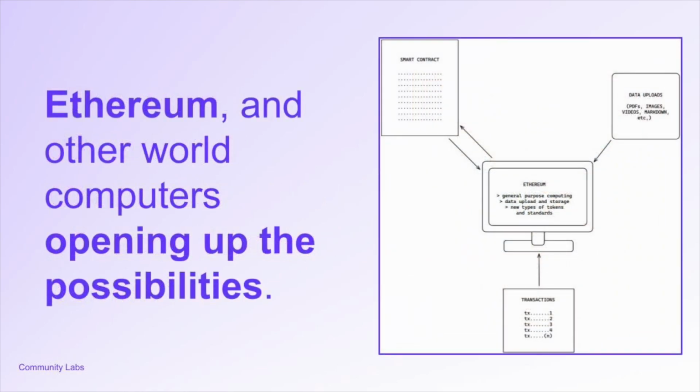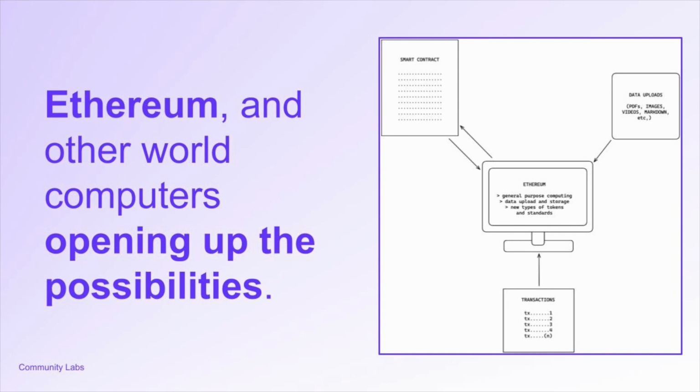Then comes along Ethereum and other similar networks with the ability to not just process payment transactions but the ability to process computations of arbitrary complexity, opening up the possibility to new technologies like smart contracts, token standards, and along with it, the ability to store information. This was a giant leap for blockchains.